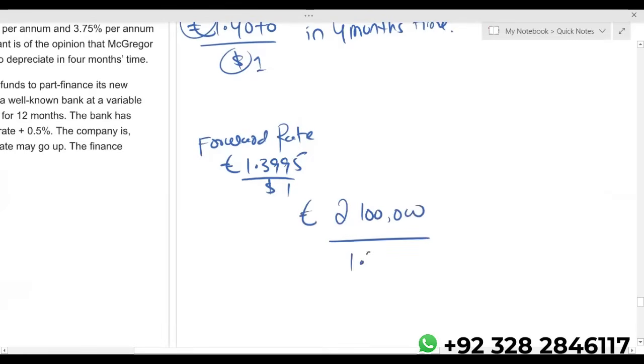Let's see due to hedging how many dollars they have received. 2.1 million divided by 1.3995. So they have received 1,500,536 dollars.